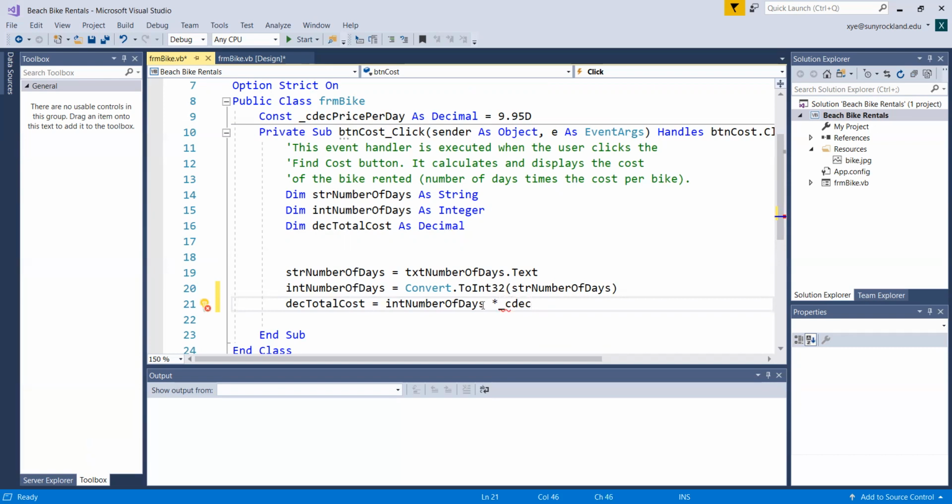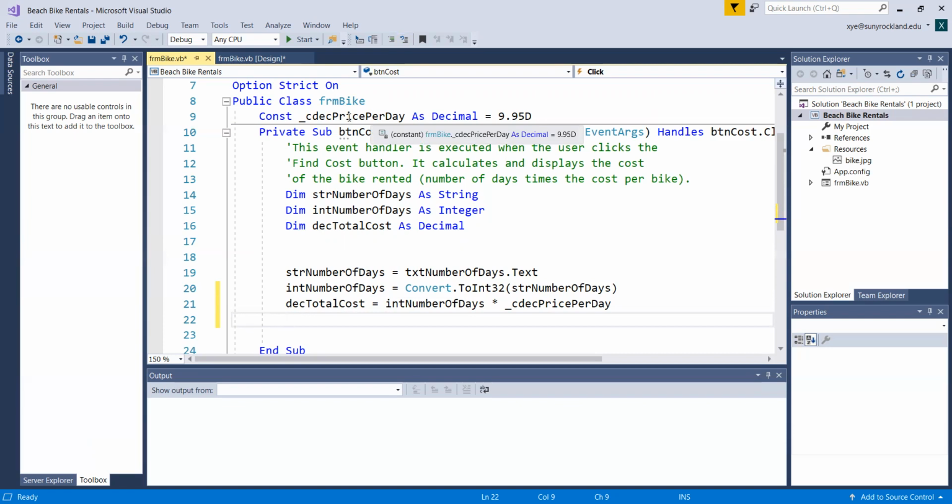Underscore CDC price per day. Now keep in mind, if you see this underscore, it most likely means a global variable. It can be used in multiple procedures. Look at this. Okay, so underscore is a global variable. C is a constant number. Why is there a red underline? On the underscore CDC price per day, did you declare it on line 9?